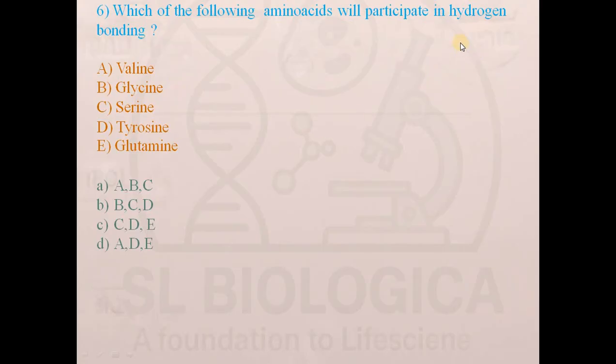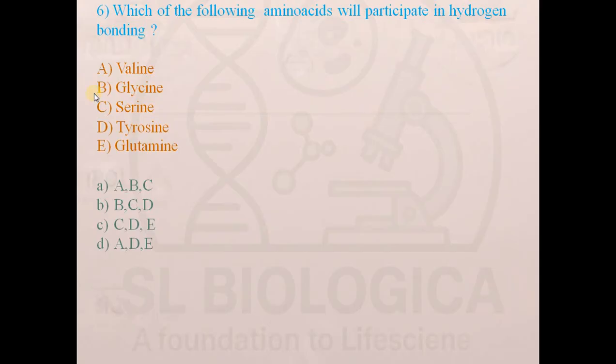Basically, hydrogen bonding takes place between an electronegative atom and a hydrogen atom of a water molecule. So amino acids containing hydroxyl, amino or amide groups will participate in hydrogen bonding.